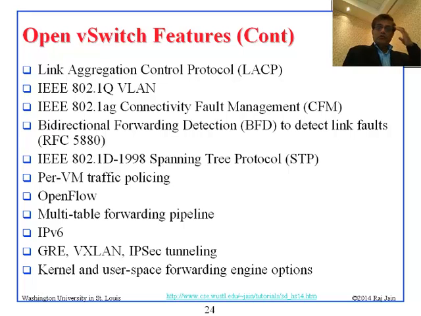You can do 802.1Q VLAN, connectivity fault management, bidirectional forwarding detection, spanning tree, per-VM traffic policing, OpenFlow, IPv6, whatever. This has been around for some time by now, and people have updated it and modified it so that it is a very complete switch.